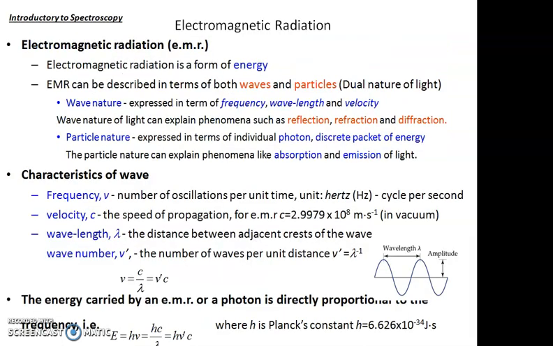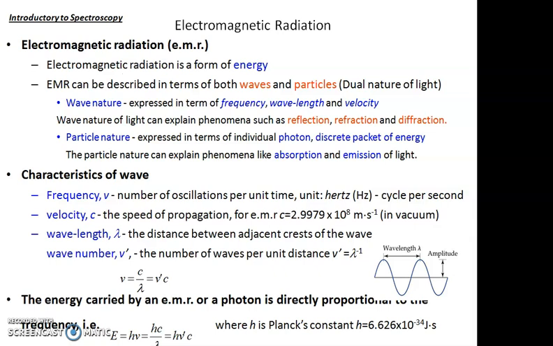Now, what is electromagnetic radiation? Electromagnetic radiation is a form of energy, and in spectroscopy we require the particle nature of the radiation. Electromagnetic radiation has both natures, wave nature as well as particle nature.